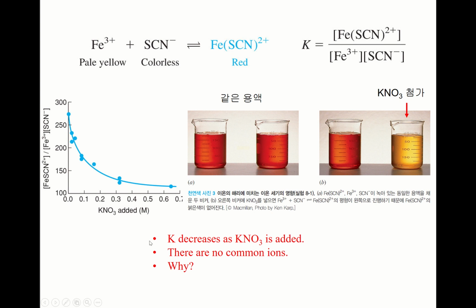But actually, this equilibrium constant K value decreases as the amount of potassium nitrate increases. Here K decreases as potassium nitrate is added, but there are no common ions. You know the common ion effect, right?